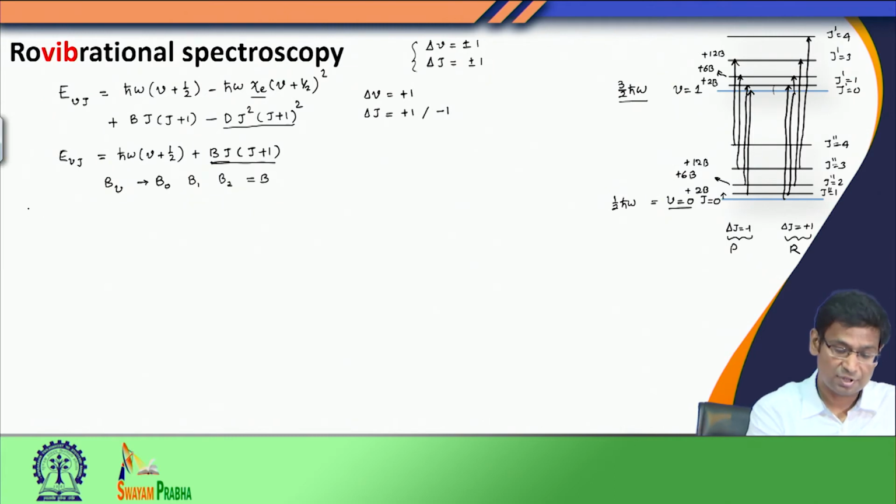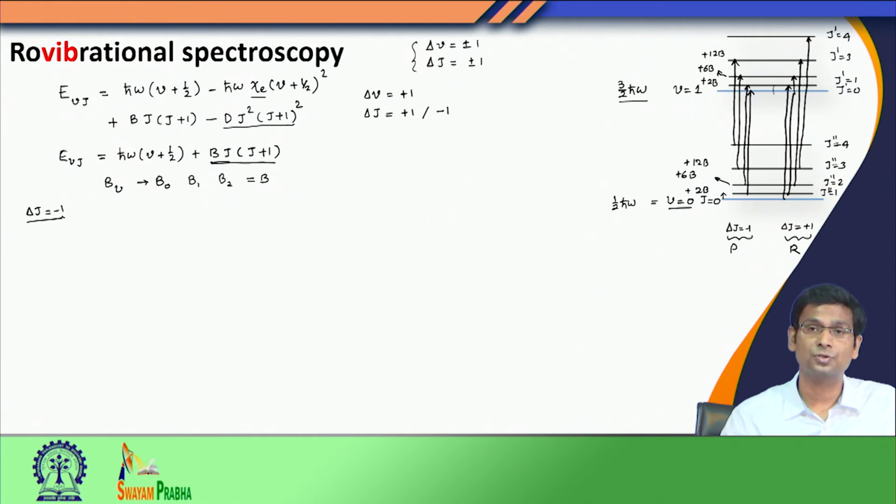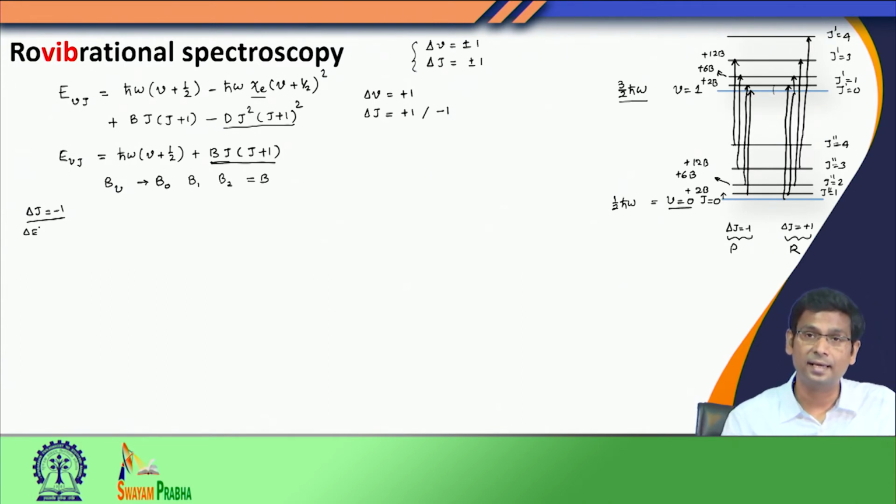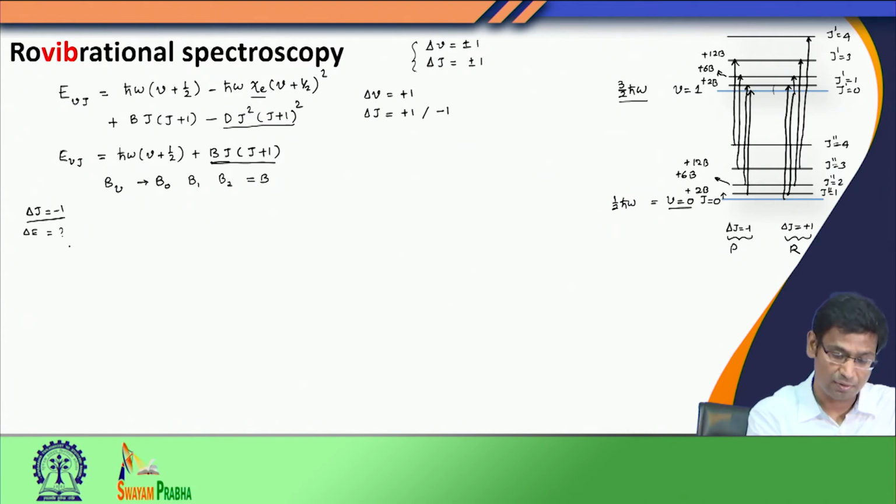Let us consider first the case of delta J equals minus 1. That means it goes from a higher value of J to a lower value of J, and we try to find out the energy difference when it undergoes a delta J equals minus 1 transition. So, let us say that we are going from J to J minus 1. This is J double prime, this is J prime, initial state, final state.